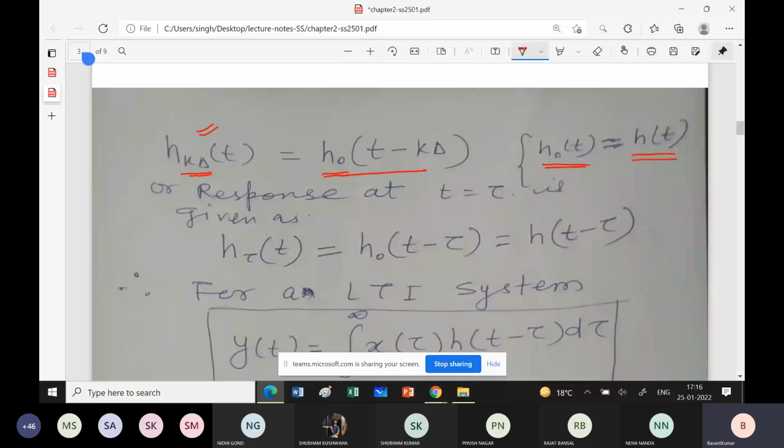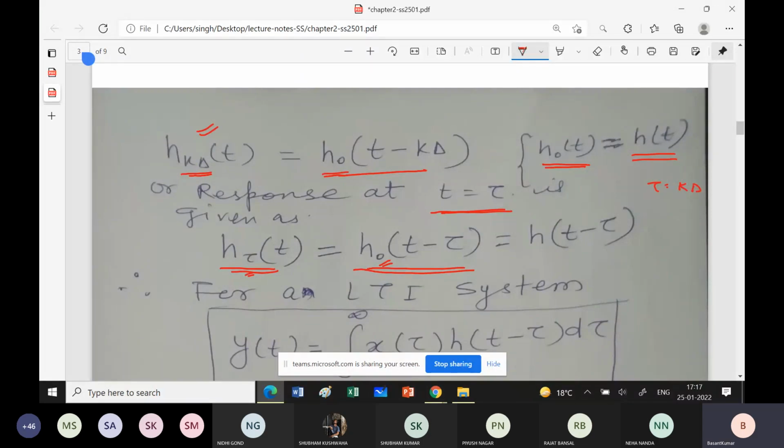So the response at t equal to tau is given by h(tau), which is nothing but the shifted version of the response that you get at t equal to 0. So this is h(t minus tau). No need to rewrite the 0 here. So this is understood. The response at tau, tau is k delta, I have taken k delta.